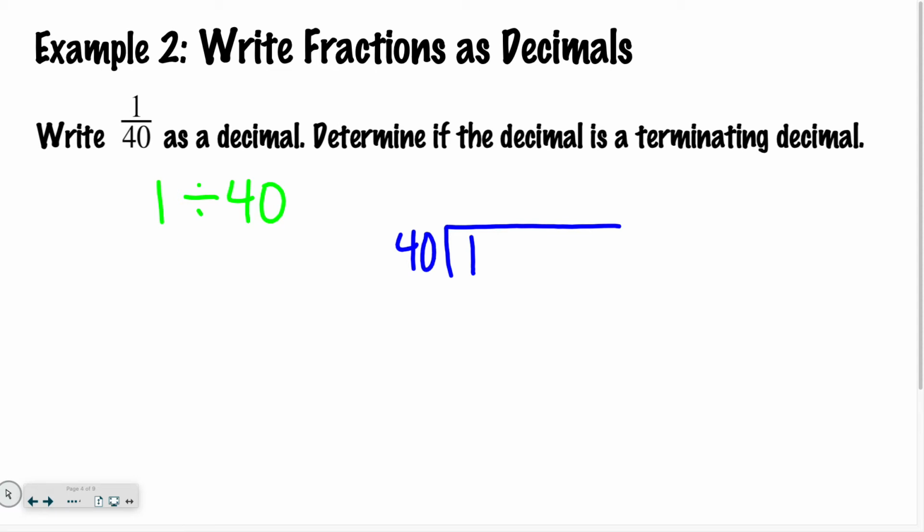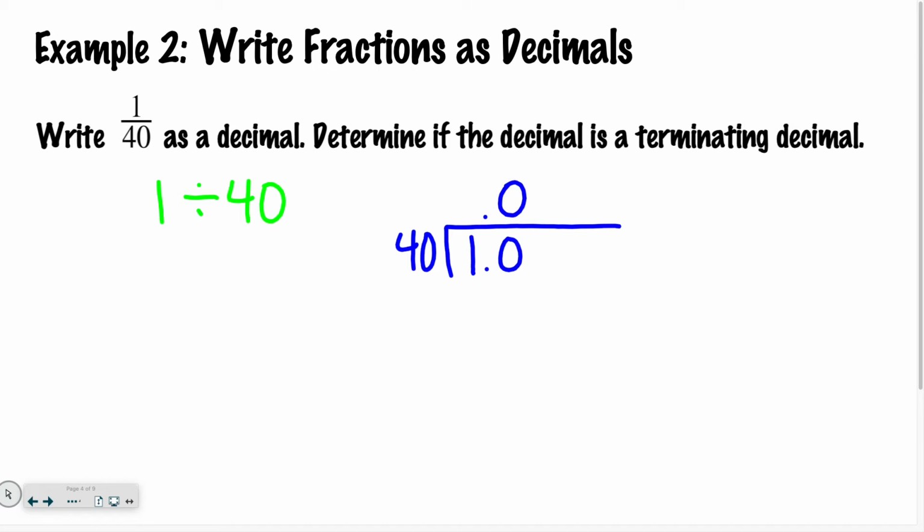Since the number outside the little house is bigger, I need to add a decimal place and a 0.